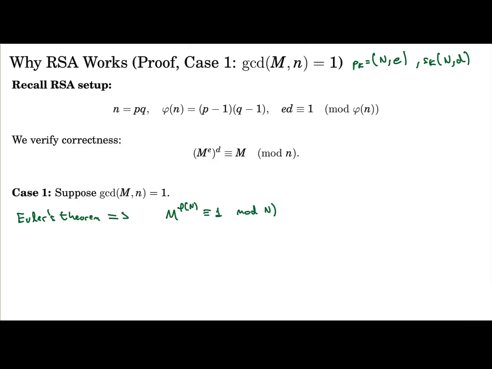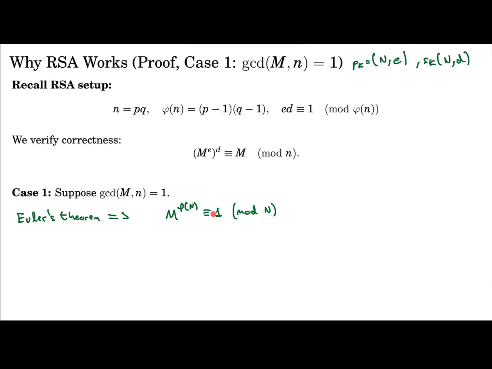So go see the video on that again. Euler's theorem tells us that m to the phi n is congruent to 1 whenever GCD of m and n is equal to 1. So we have this result.